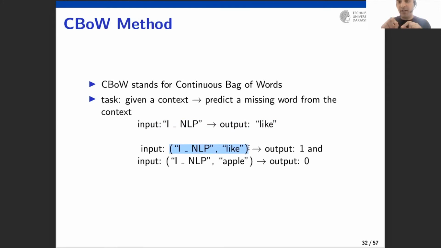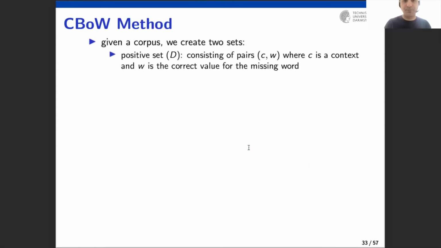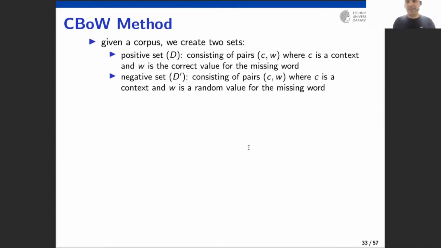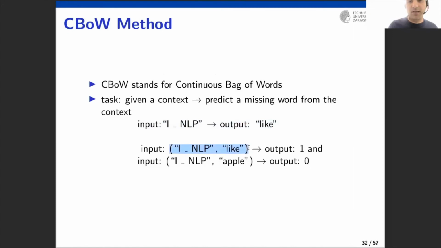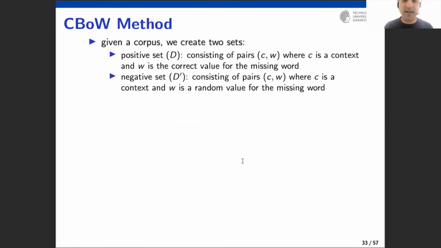And the negative set, D prime, consists of pairs (C, W), where C is a context with a missing word and W is a random value for that missing word. So "I _ NLP" and "apple" is one sample of the negative data set, right?